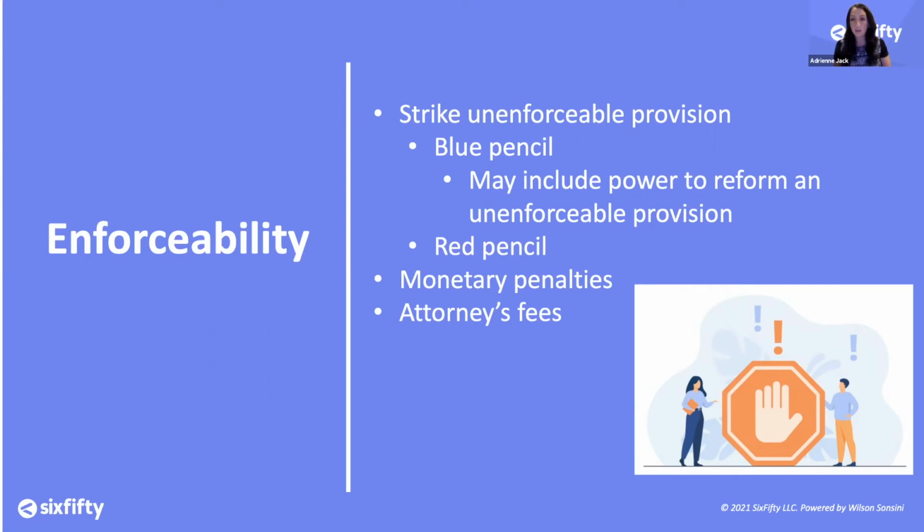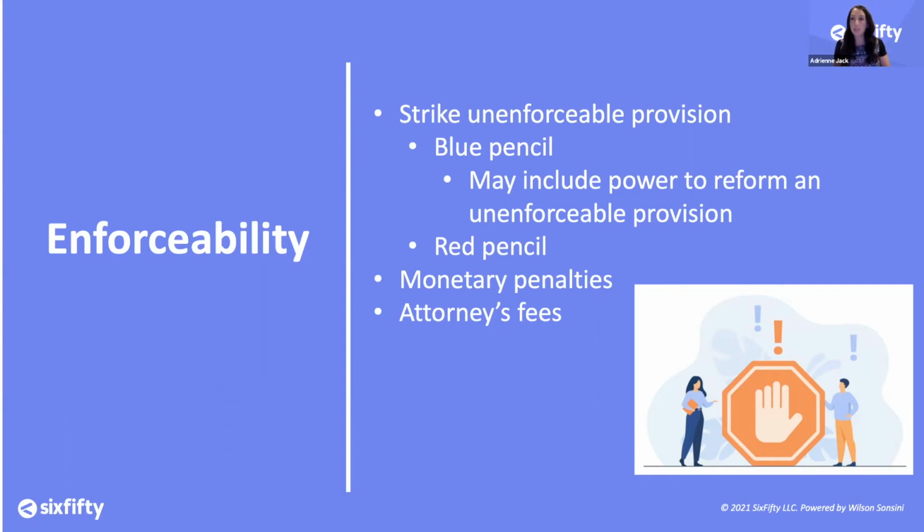If it's too long, they can rewrite it to be for a shorter time period. In other states, only the protected activity can be revised. So how you define competition, if it's too broad and too expansive, the court might have authority to rewrite that to tailor it back so that it becomes enforceable. And in other states, courts are required to rewrite the restrictive covenant so that it becomes enforceable. So that is all typically known as blue pencil.